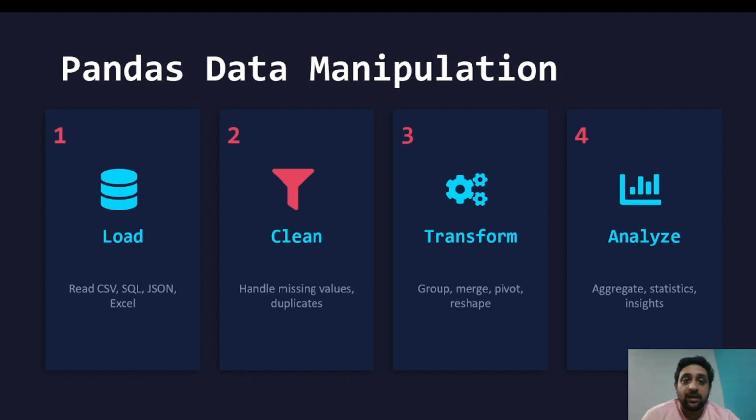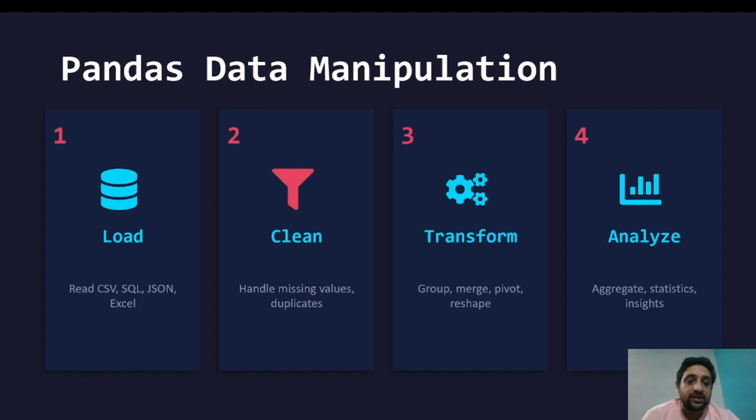Now, Pandas data manipulation. Pandas is one of the most important libraries for data manipulation and follows a structured workflow. First, we load the data from various sources such as CSV files, databases, or Excel sheets. Next, we clean the data by handling missing values, removing duplicates, and correcting inconsistencies.